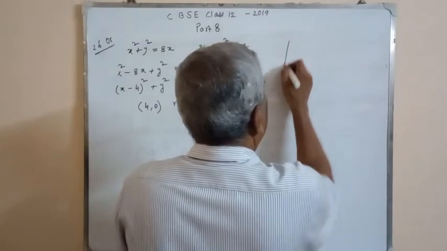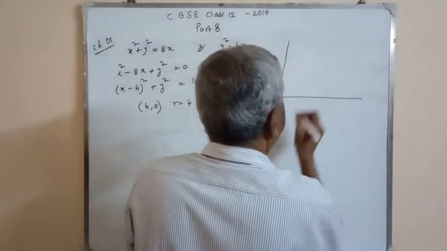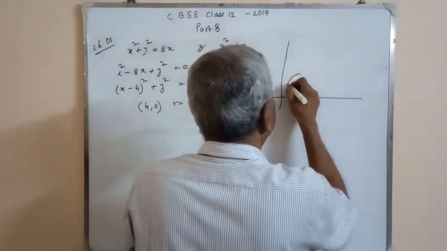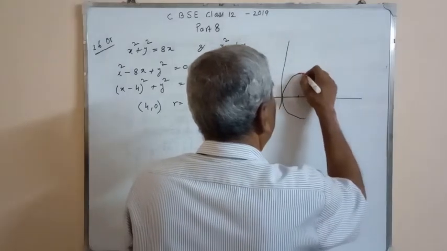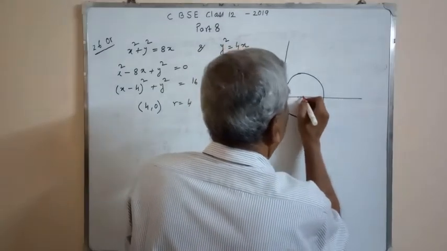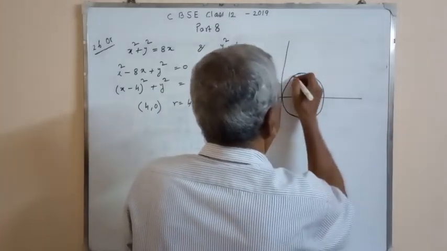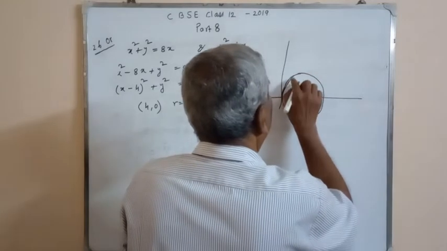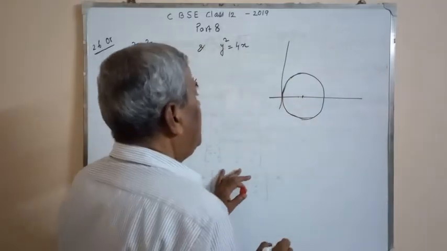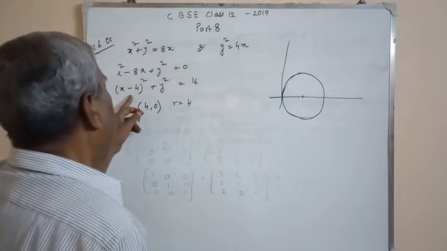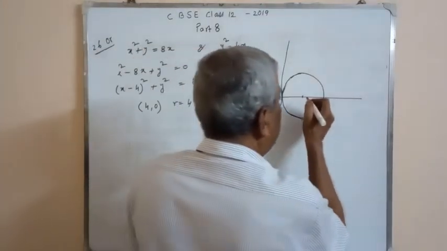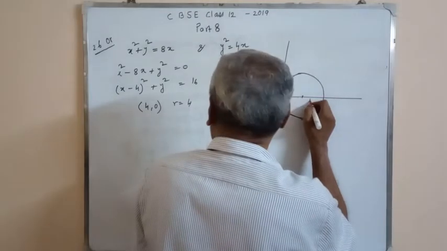So consider the figure. Suppose this represents the circle x minus 4 whole square plus y square is equal to 16. So this point is (0, 4), (4, 0).